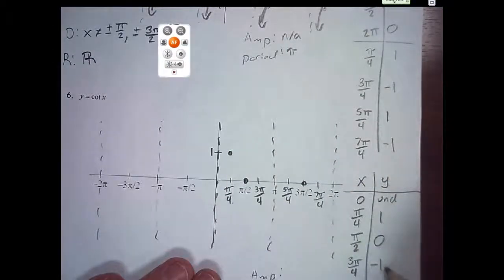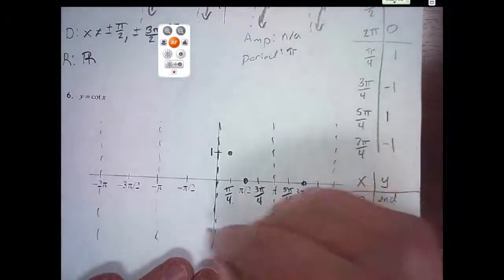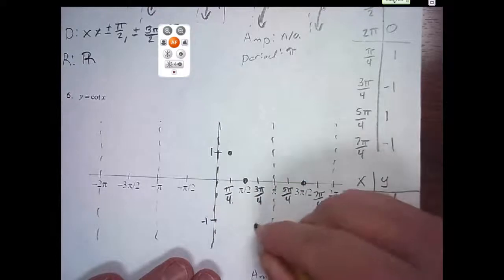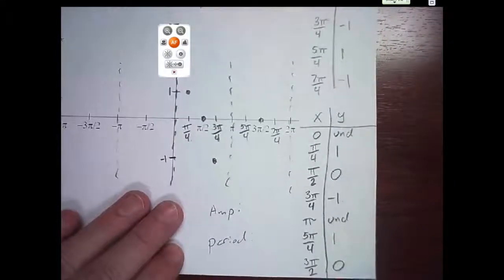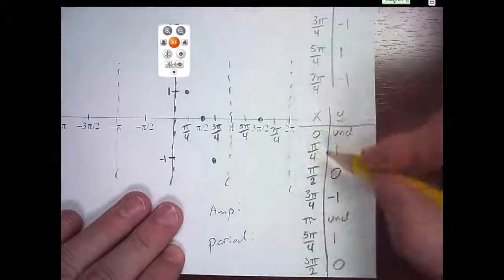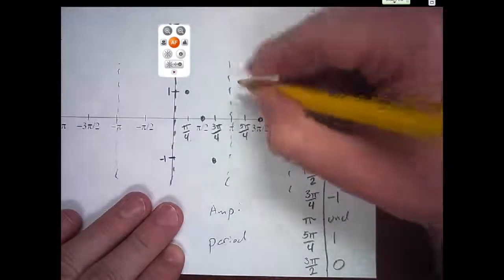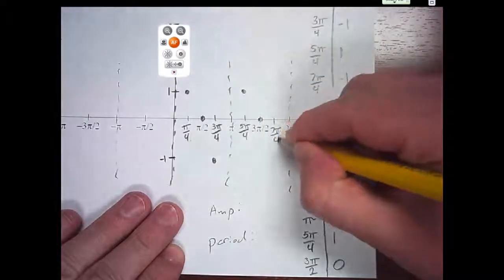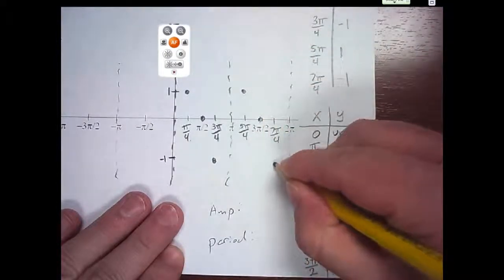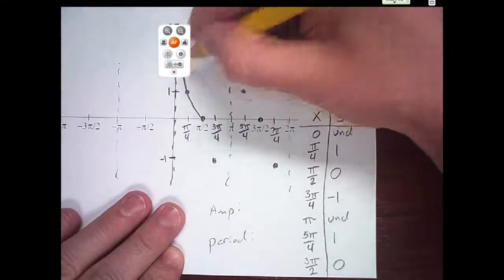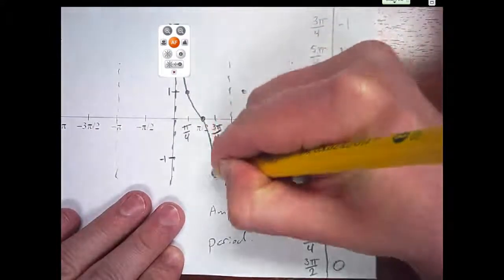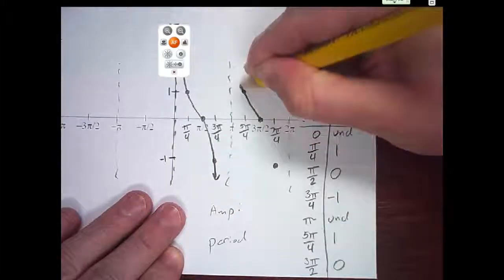At 3 pi over 4, I'm at -1, so I'm down here at -1. Okay, at 5 pi over 4, I'm at positive 1. At 7 pi over 4, I'm at -1. So you guys can kind of see, those are much better curves than tangent.